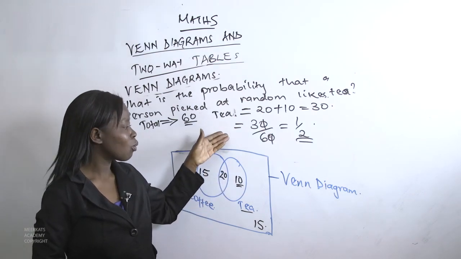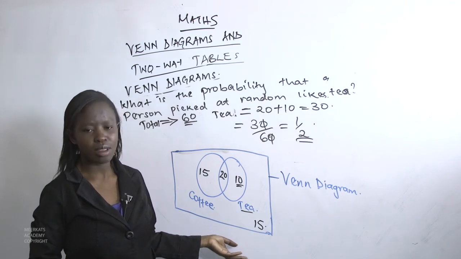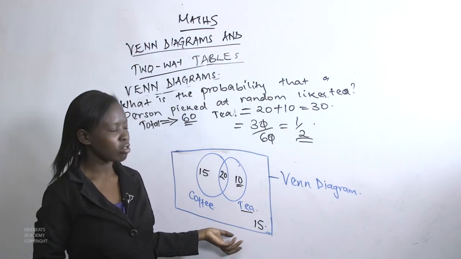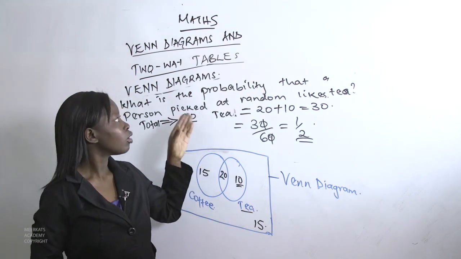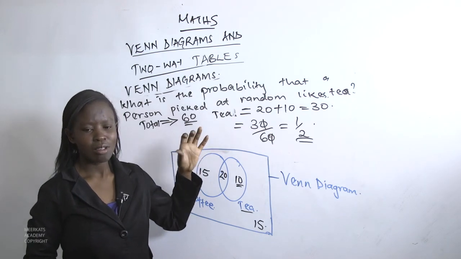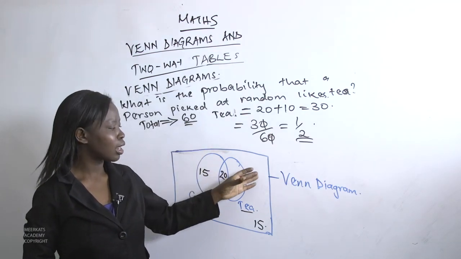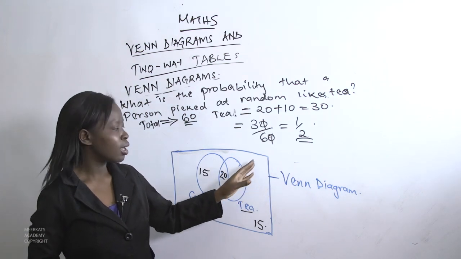This will make your collected data a bit easier to work with when you're solving questions involving probability. Two-way tables and Venn diagrams simply make the calculation of various probabilities in a given situation easier.